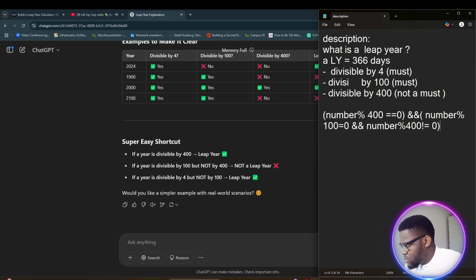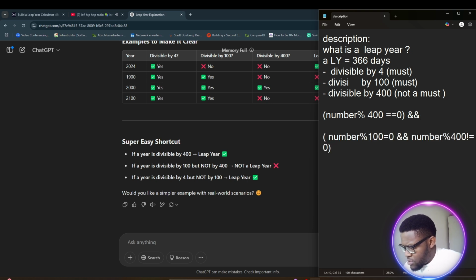So divisible by 100. So this one is supposed to be not. Okay. If it is divisible by 4, but not 100. Okay. This year should be on 4.